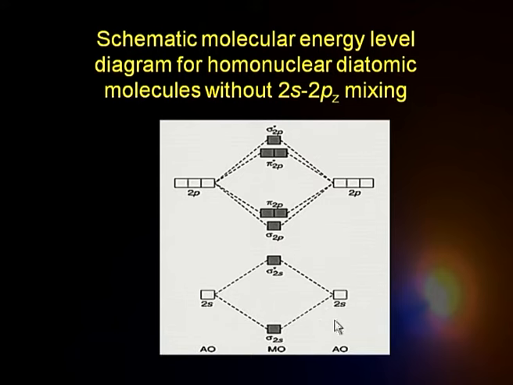I am just showing the molecular orbitals generated by combining the valence electrons. So this is 2s: the 2s of atom A and the 2s of atom B combine to give me a sigma orbital here and a sigma star here. This is a bonding molecular orbital, and this is the anti-bonding molecular orbital.